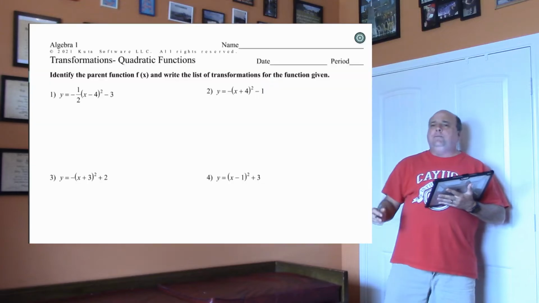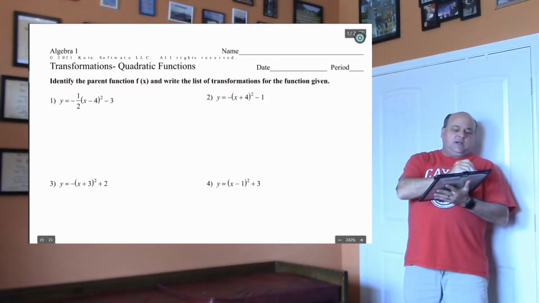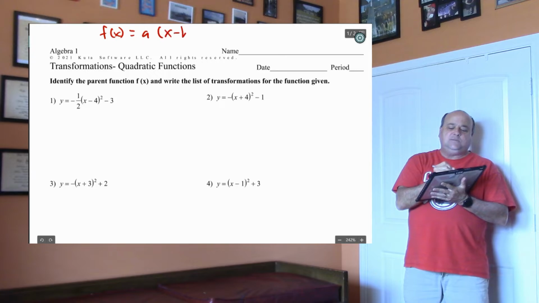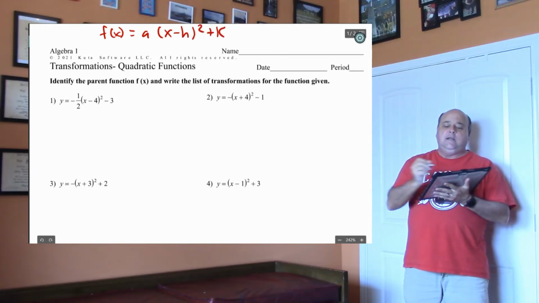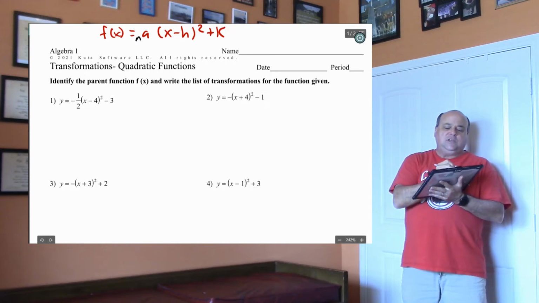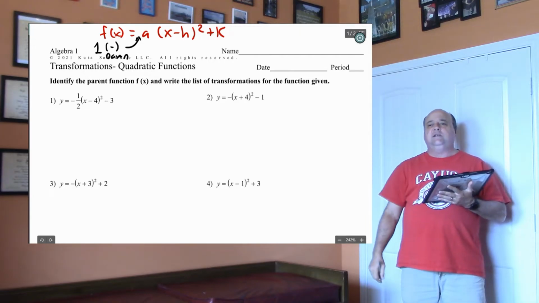A magical whiteboard appears and you see your work in front of you, and let's write down vertex form at the top. Vertex form is f of x equals a parentheses x minus h squared plus k. And remember, there are four things that can happen. If a is negative, it's going to open down, reflecting across the x-axis.